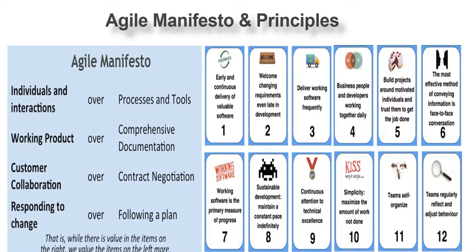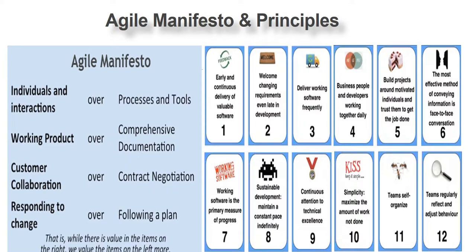So now moving on, these are the two things that I would really like to emphasize: the Agile Manifesto and Agile Principles. This is the actual world of Agile. If you really adopt the Agile Manifesto and Agile Principles at 100%, only then you can achieve 95% agility.